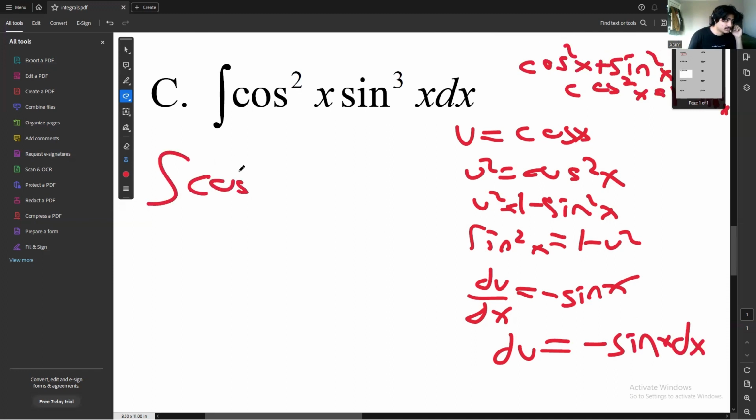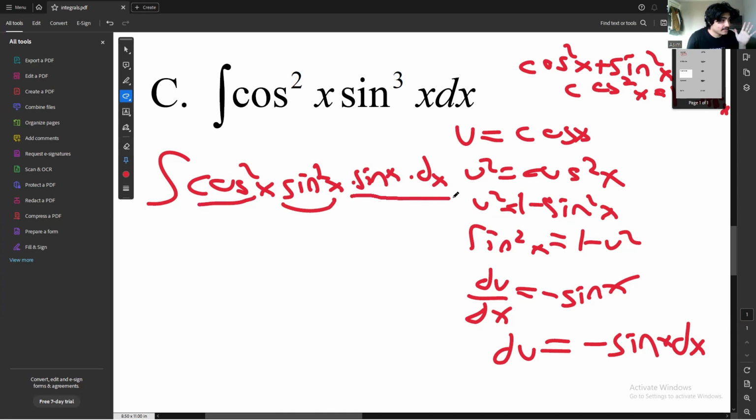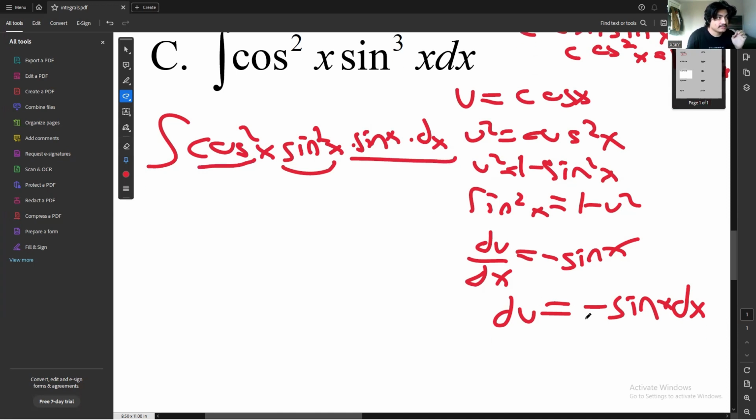Integrate cosine square x sine square x times sine x times dx. I have my sine square x, which is 1 minus u square. I have my cosine square x, which is my u square, and sine x dx is actually negative du, because if I multiply this with negative 1, I get negative du.